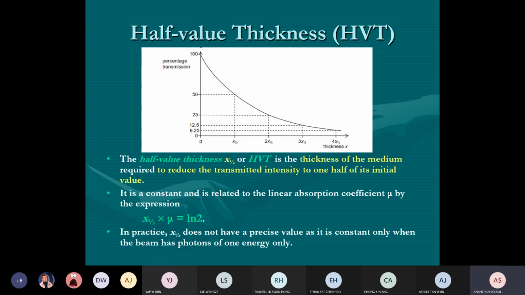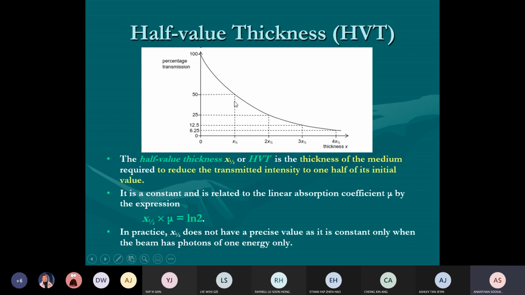The average time taken for the radioactivity, the activity, to drop to half of its initial value. The same definition applies for half value thickness. In terms of X-ray, it is the thickness of the medium required to reduce the transmitted intensity to half of its initial value. This is called half value thickness.